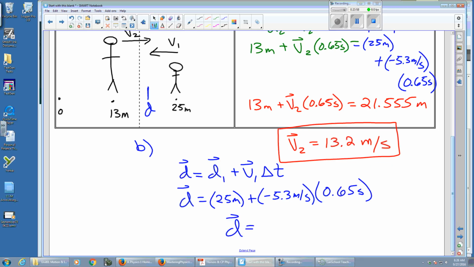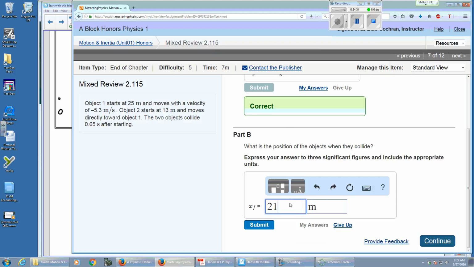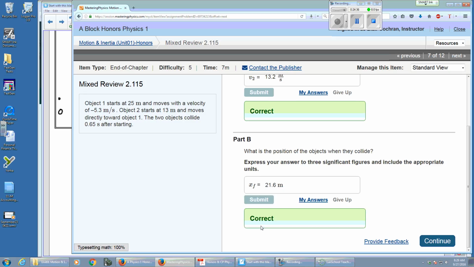So I could have actually done this part right away, right? Oh, I know what the answer is. That's good to check. I already solved for it up there, right? It's 21.6. That was convenient.